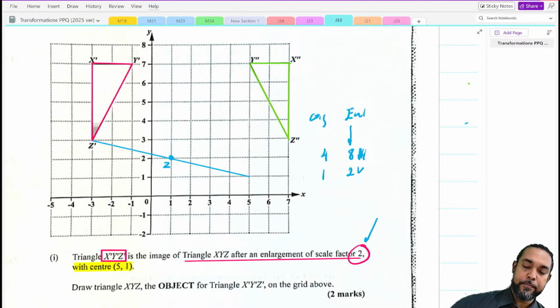So let me explain that again. This point here is the center of the enlargement, right? So to go from the center of enlargement to this point Z prime here, we went 8 spaces horizontally and 2 spaces vertically.